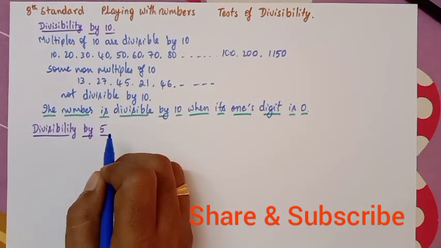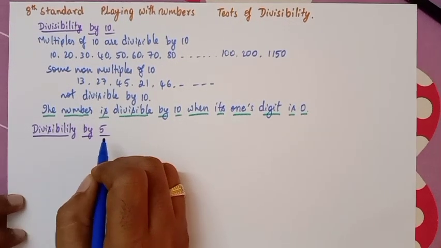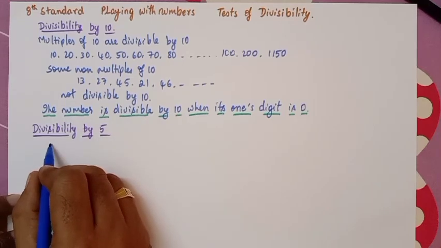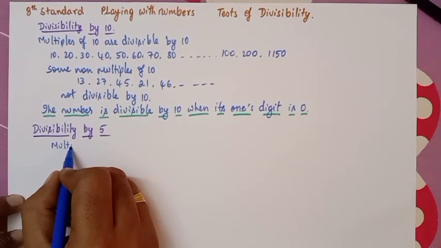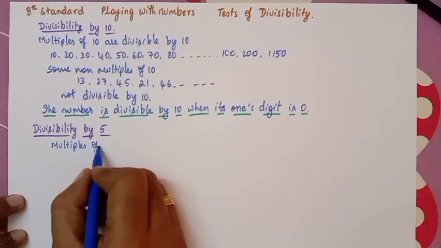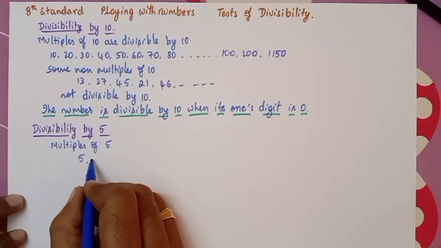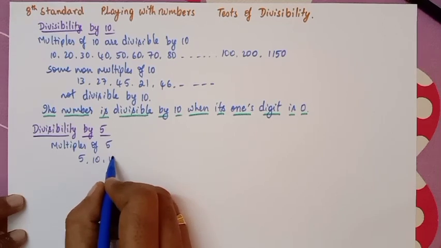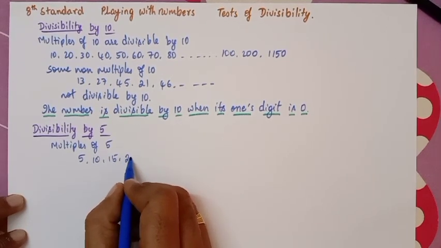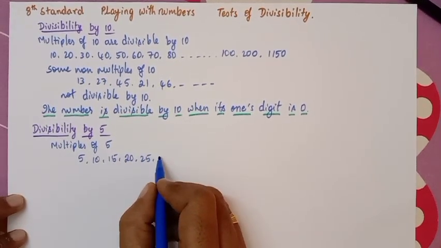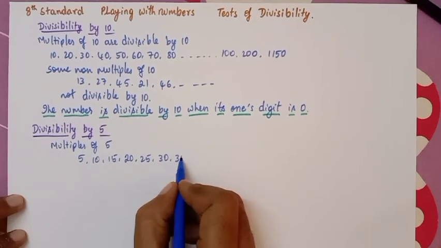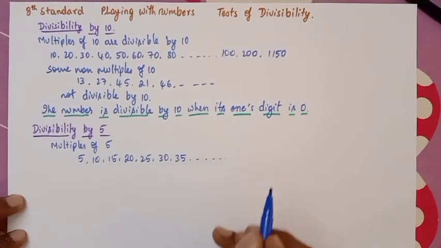Divisibility by 5. Let us move on to divisibility by 5. Now let us take multiples of 5. You know the table of 5: 5, 10, 15, 20, 25, 30, 35, etc. Yes, right?